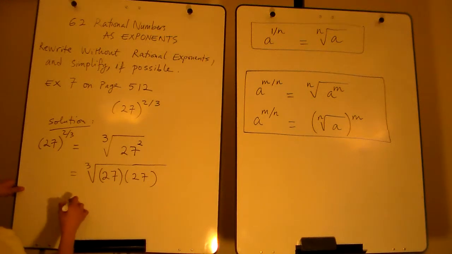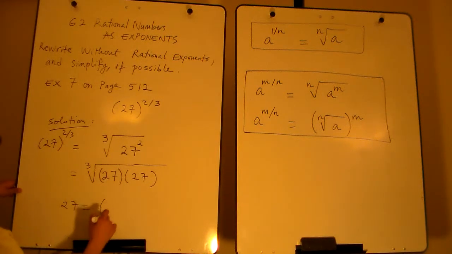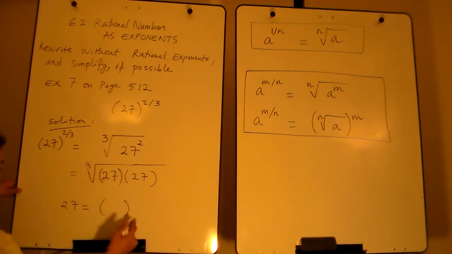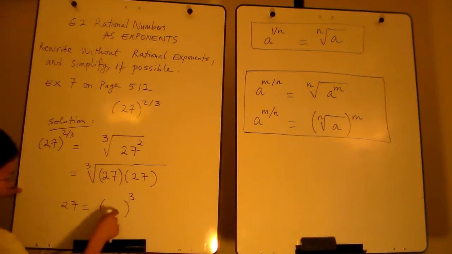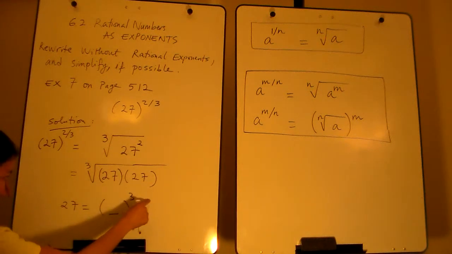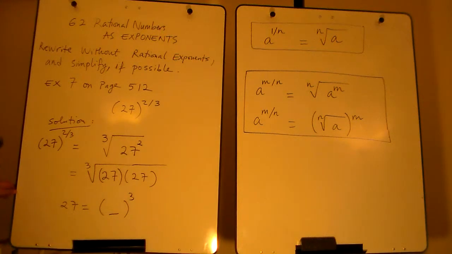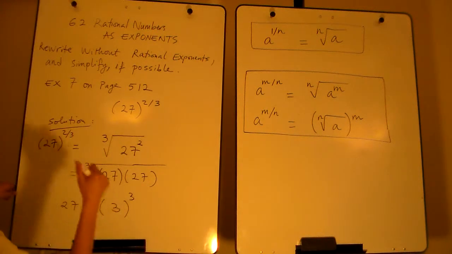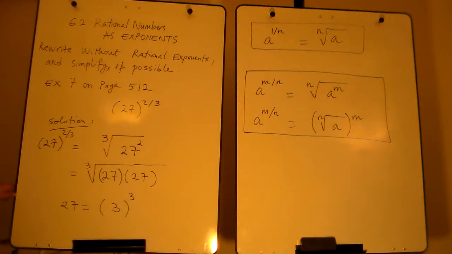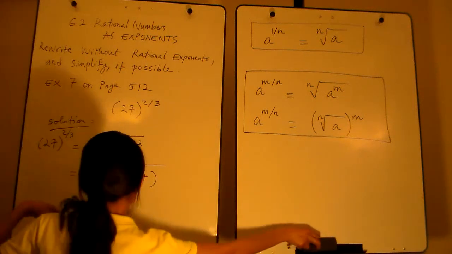Because this is a cube root, you have to think about what is the cube root such that when you raise it to the third power and simplify, you should get 27. What value is that? It's got to be 3, right? Because 3 times 3 is 9, and 3 times 9 is 27. So 3 times 3 times 3 is 27, and you know that the cube root is 3.